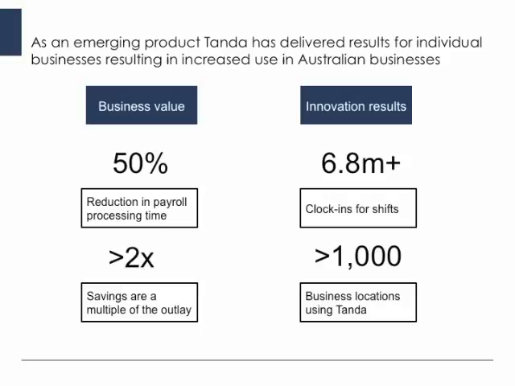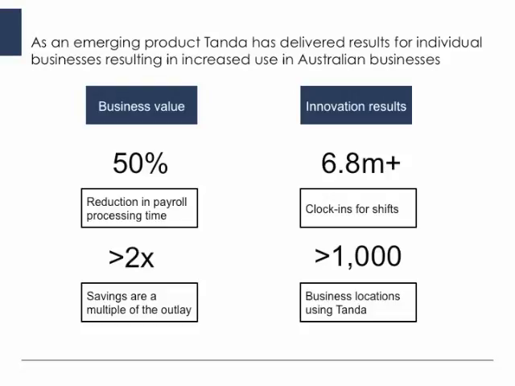Now, as an emerging product, Tanda has delivered results for individual businesses, resulting in increased use nationwide. In terms of the value that an individual business gets, it's been reported to have up to a 50% reduction in the payroll processing time, and the savings are often a multiple of the outlay required.